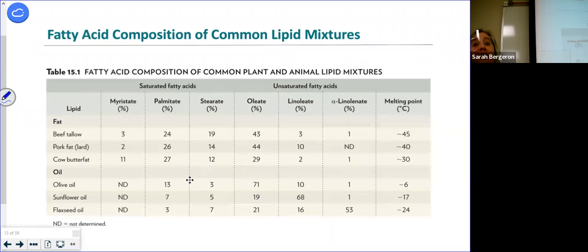It depends on what you picked. Yeah, just pick the highest percentage.